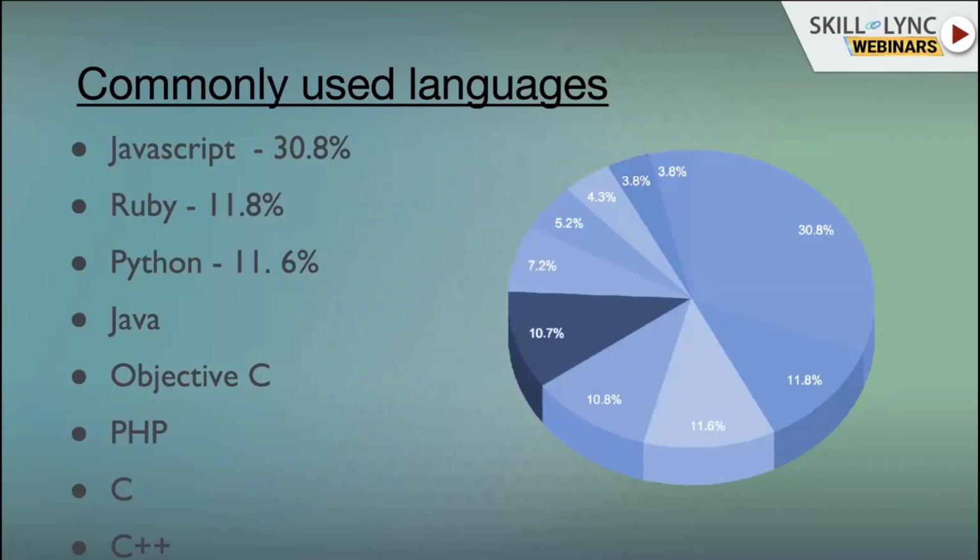In both the web client and the mobile client, you can use JavaScript. That is why you see around 30.8 percent of people use JavaScript, either in a web client or in a mobile client. In some way they use JavaScript. And then you see Ruby is used, Python is used, like that.